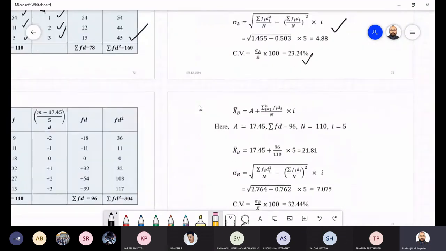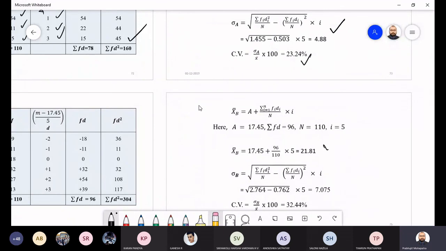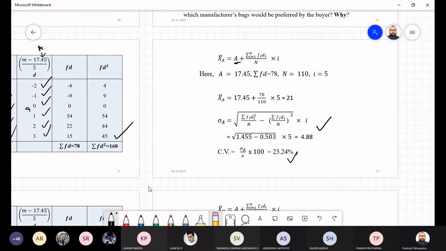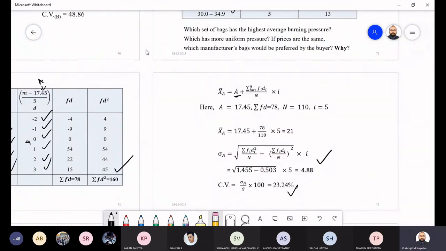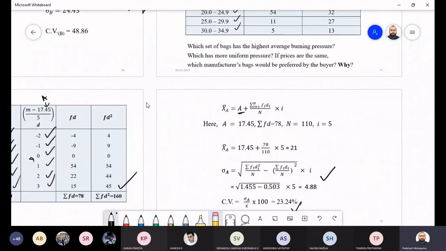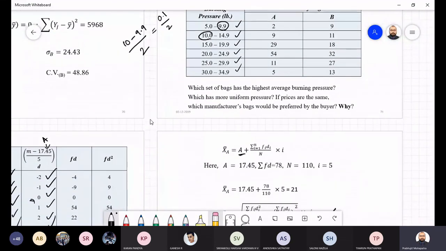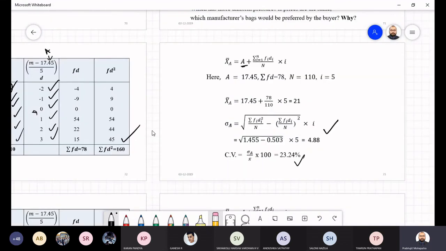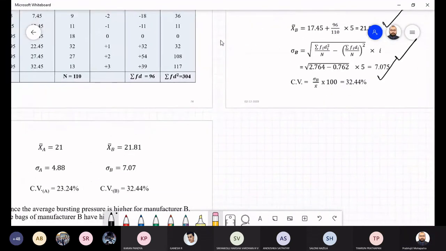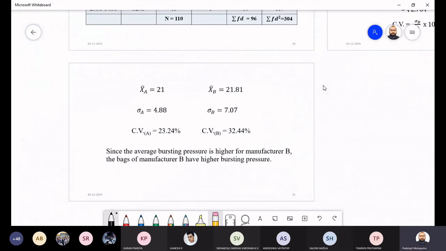Similarly, for the second bag manufacturer, exactly the same way, you need to find the mean and standard deviation. You calculate the mean, the standard deviation, and the coefficient of variation. Now, from this question, you need to see which manufacturer's bags would be more preferable, which has the highest bursting pressure. For manufacturer A the mean is 21, for manufacturer B the mean is 21.81.